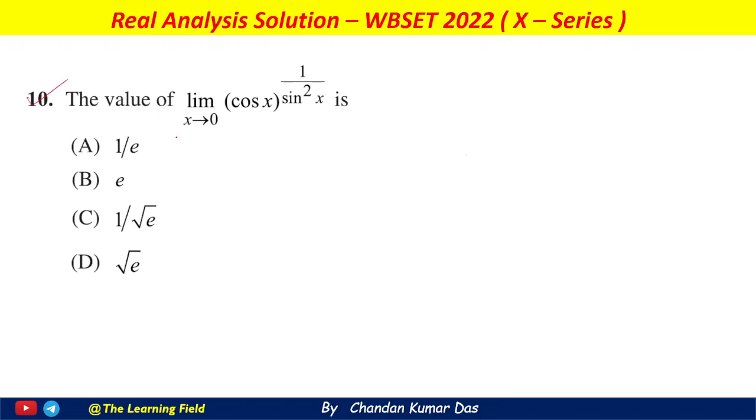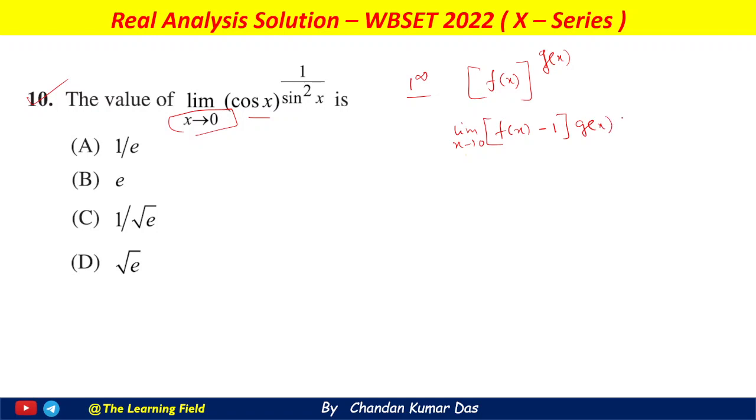This is simply calculating the value. At x tends to 0 we calculate the limit of the function. See here, if we put 0 then it is the 1 to the power infinity form. This is the special case, and we know that if f(x) to the power g(x) happens in this type of form, then we calculate the limit as x tending to a of (f(x) minus 1) into g(x).